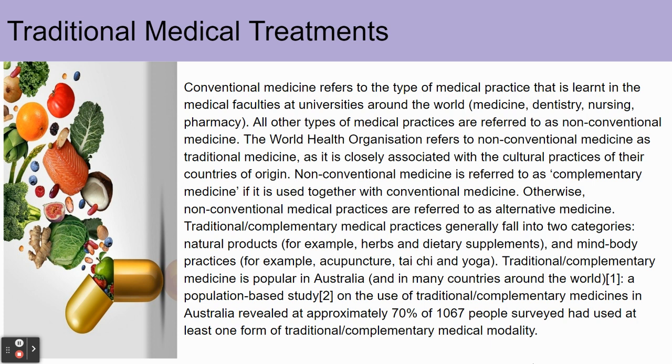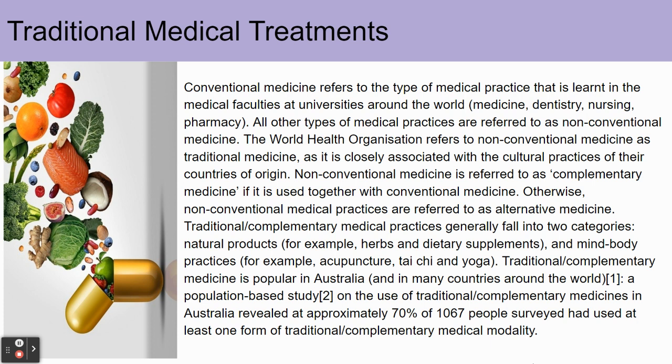Then we move to traditional medical treatment. Conventional medicine is practice that is learnt in medical faculties at universities around the world. Anything that is not in medicine, dentistry, nursing, or pharmacy is considered non-conventional medicine. These are also referred to as traditional medicines, and they're closely associated with different cultures.